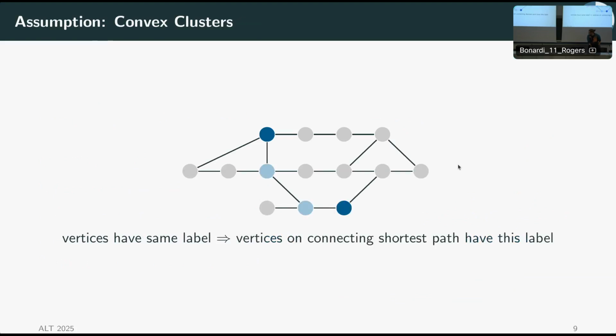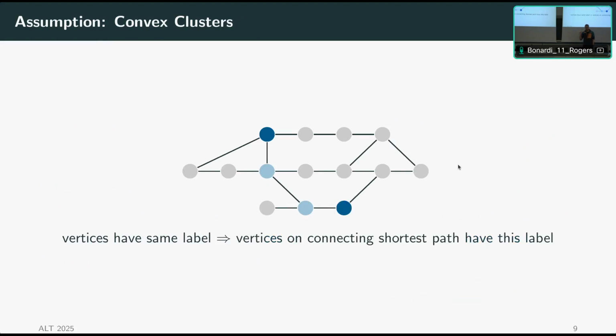All right. So as you might already think, you need some assumptions on the labels. If you don't assume anything on the labels, you would just make a mistake all the time. And the assumption we make is the so-called geodesic convexity assumption. Let's say we already know that these two blue nodes, the dark blue ones, we already know their label.